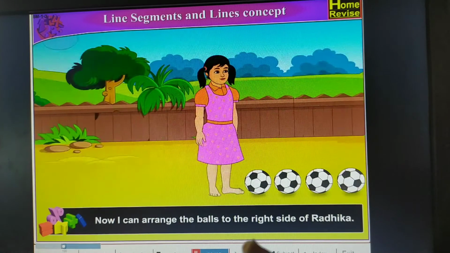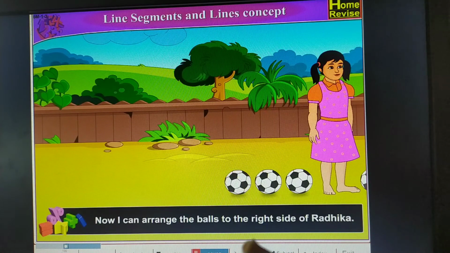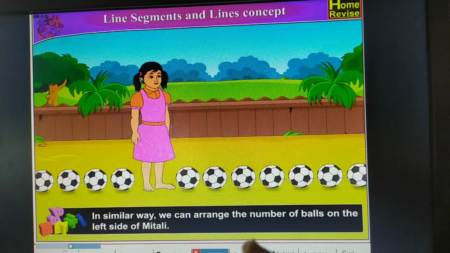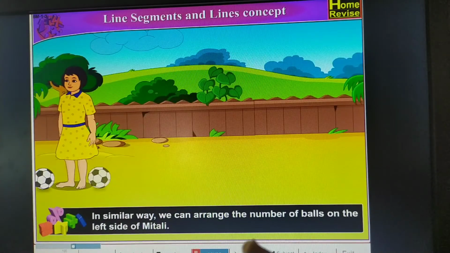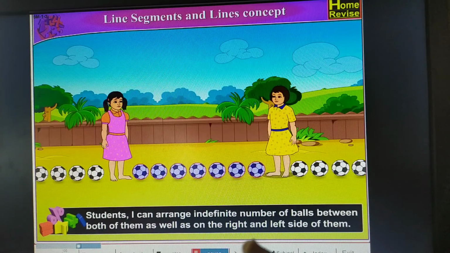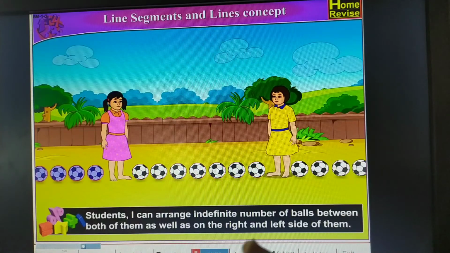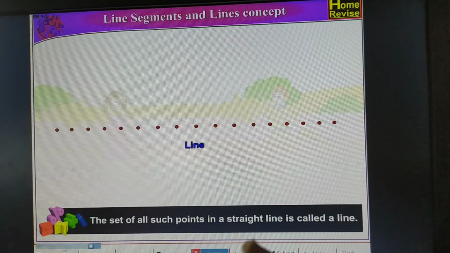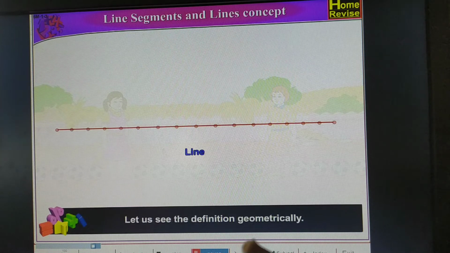Now, I can arrange the balls to the right side of Radhika. In a similar way, we can arrange a number of balls on the left side of Mitali. Students, I can arrange an indefinite number of balls between both of them as well as on the right and left side of them. The set of all such points in a straight line is called a line.